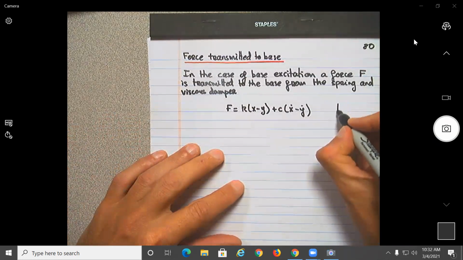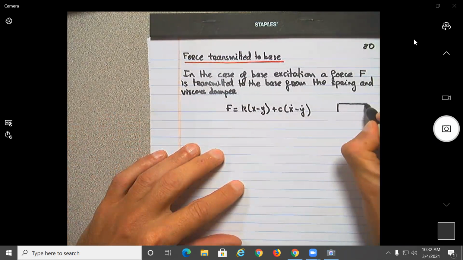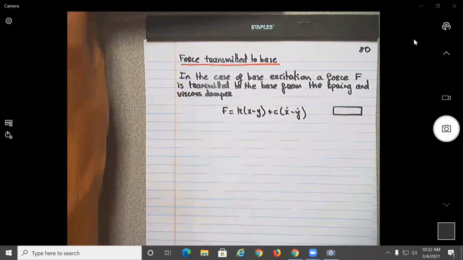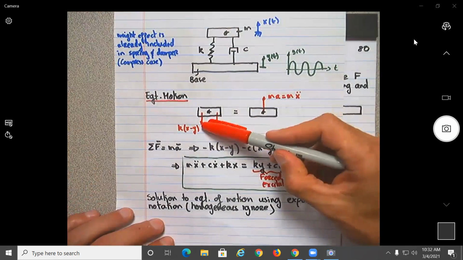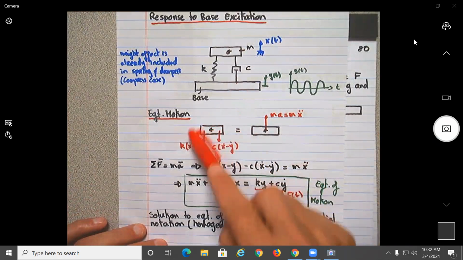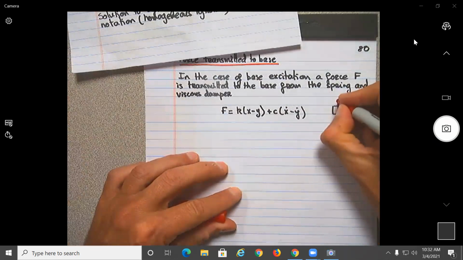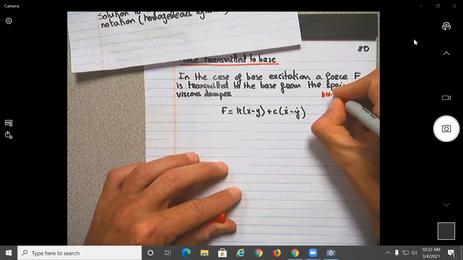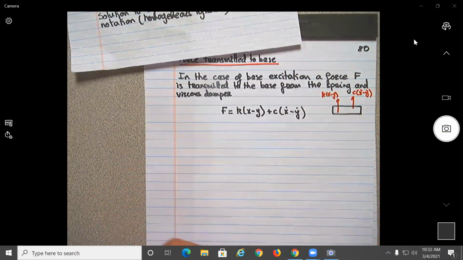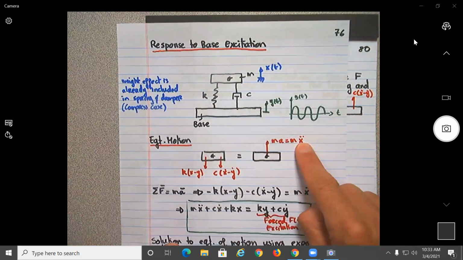So if I do a figure here, these forces come from here to the top. If I do it from the bottom, you should have the opposite, no? From Newton's third principle, so we have here k(x minus y), and you will have c(x dot minus y dot). And similarly, we have to move this force here, the acceleration, into this one.